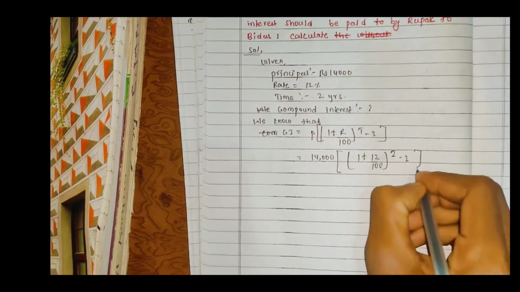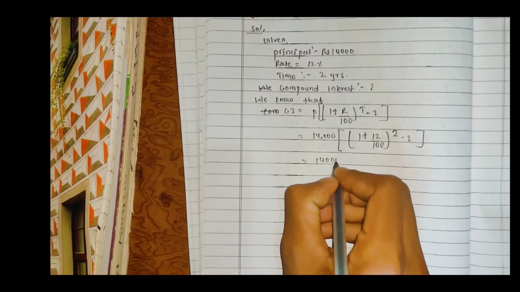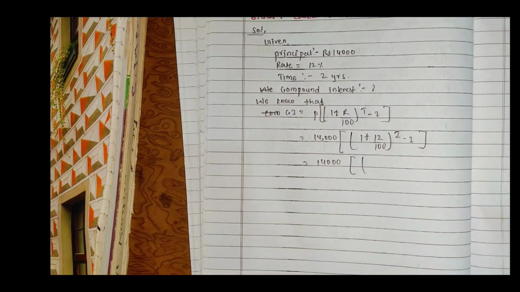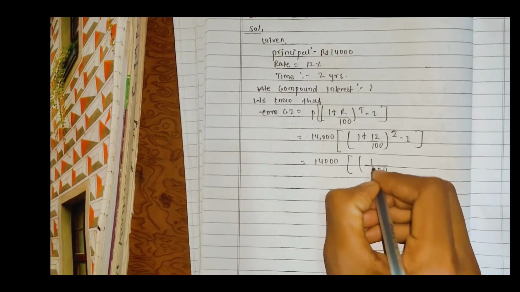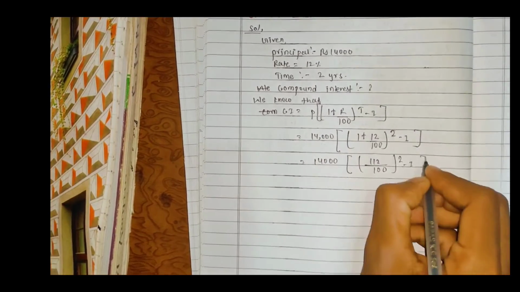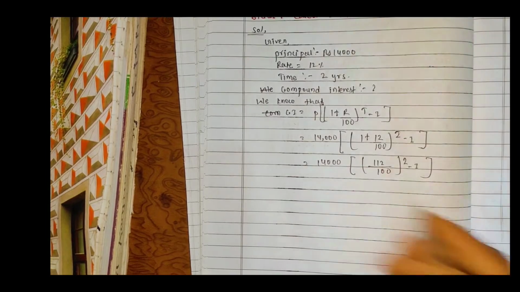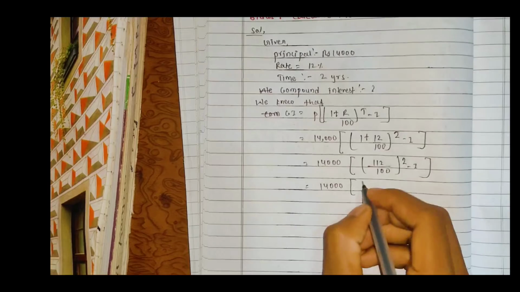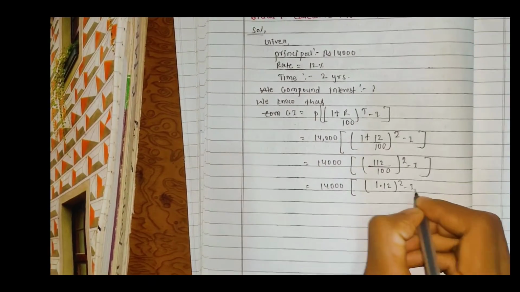Now, 14,000 into (1 + 12/100). When we add, first we need to take the LCM, which is 100, and 12 added gives 112 over 100. Squared, minus 1. 112 divided by 100 gives 1.12.